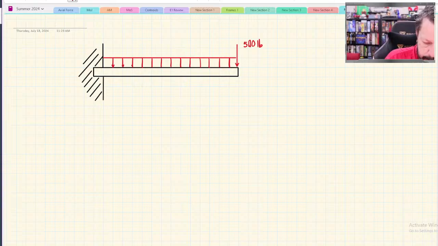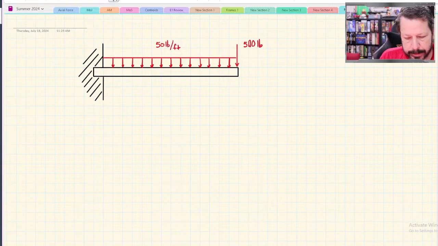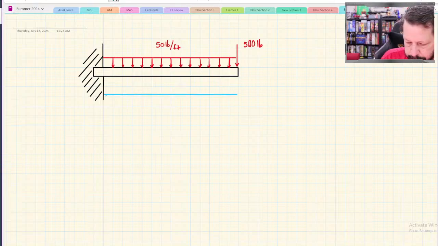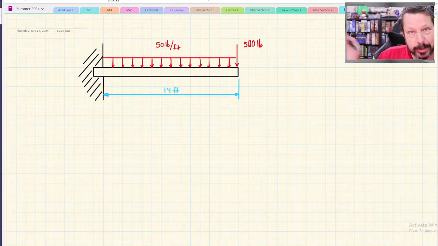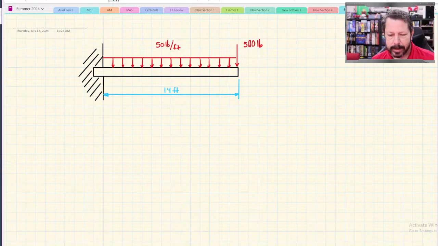Maybe I will, just to make sure we understand that this is a distributed load, and it's going to be 50 pounds per foot, we'll say. And then we only need one dimension, being how long is the beam. Let's just count: 1, 2, 3, up to 14. Let's say it's 14 feet. That's kind of long for a cantilever beam, but let's say that's what we have.